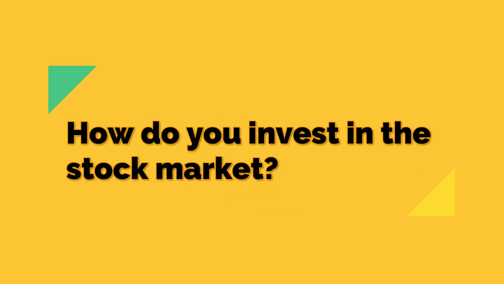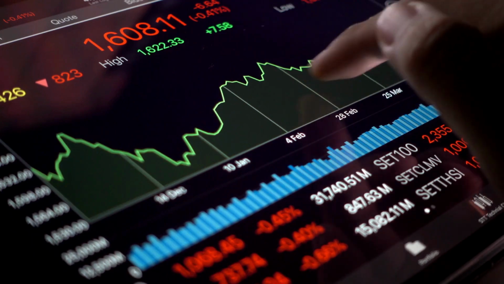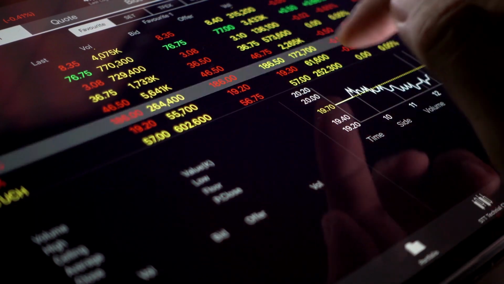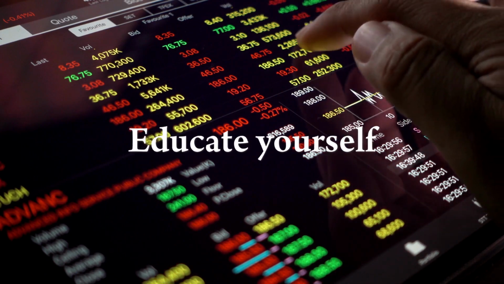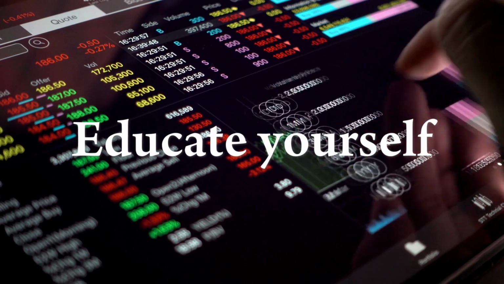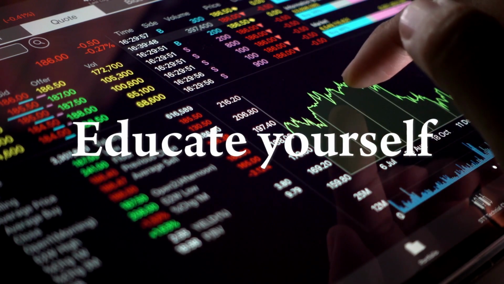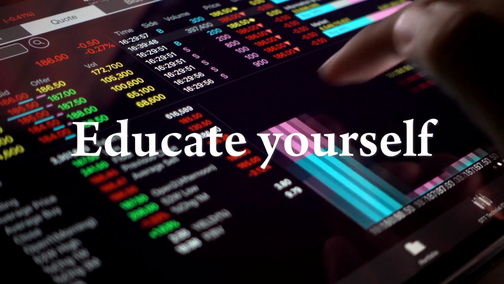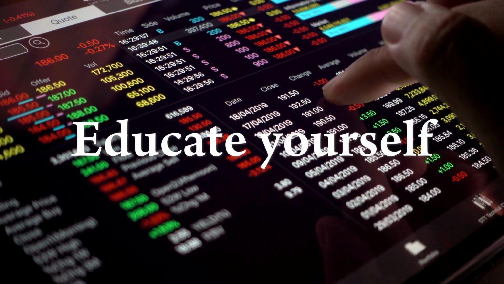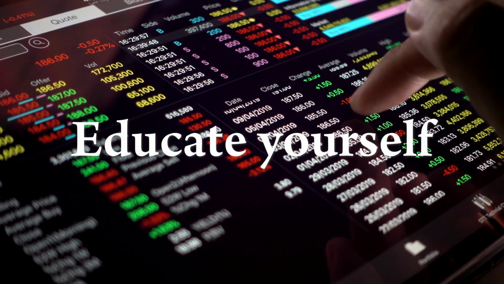How do you invest in the stock market? Investing in the stock market involves buying and selling shares of publicly traded companies. Here are some general steps to get started. Educate yourself. Before investing in the stock market, it's important to learn about investing basics, different types of securities, investment strategies, and risk management.